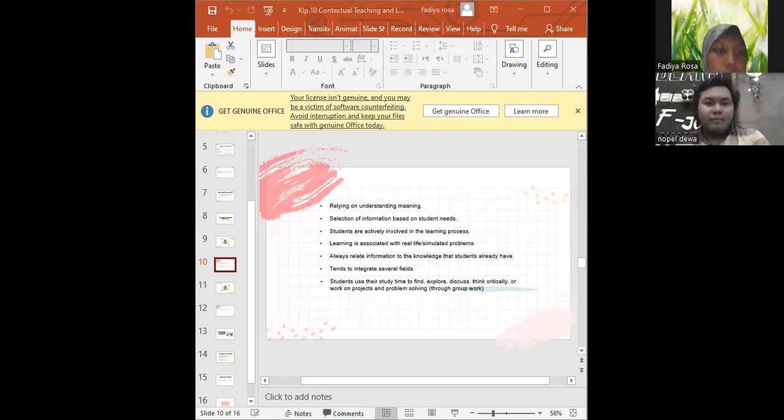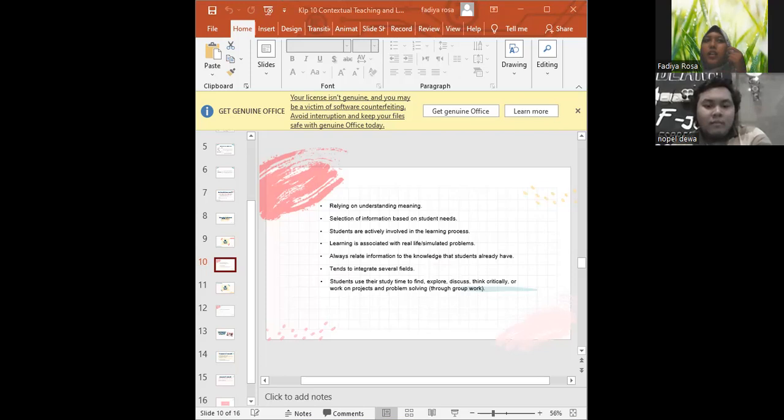The fourth point is that learning is associated with real life or simulated problems. It means that the teacher has to give knowledge that the students need or can use in their real life. And the next is that information is always related to the knowledge that a student already has.